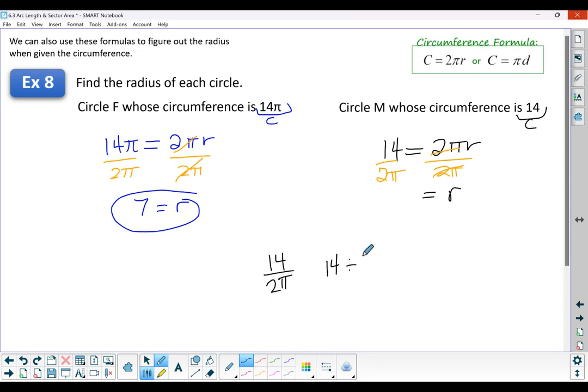If you use the division button, you need to group the 2 pi like this. It would not be good to type in this; the calculator will not calculate it correctly. So make sure you either use parentheses or the fraction button. So in this case, the radius is 2.23.